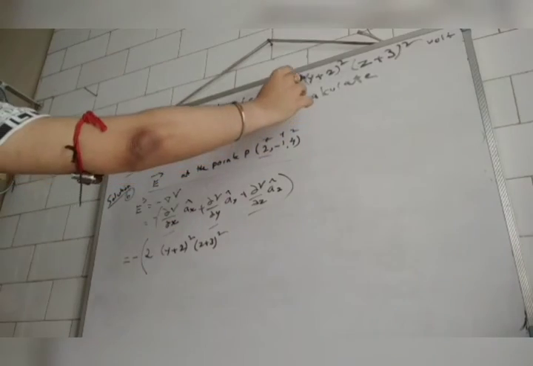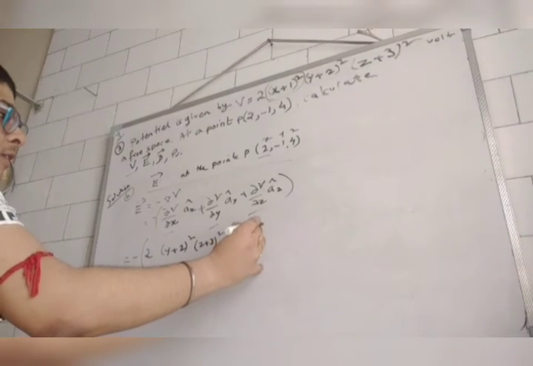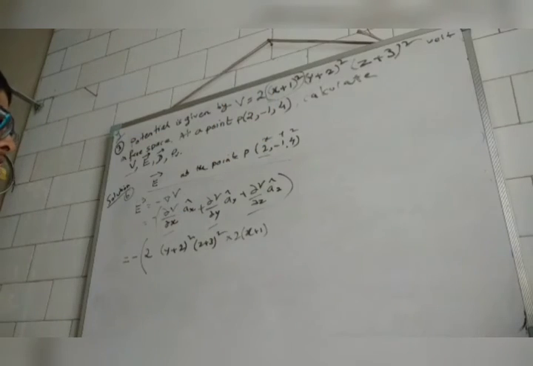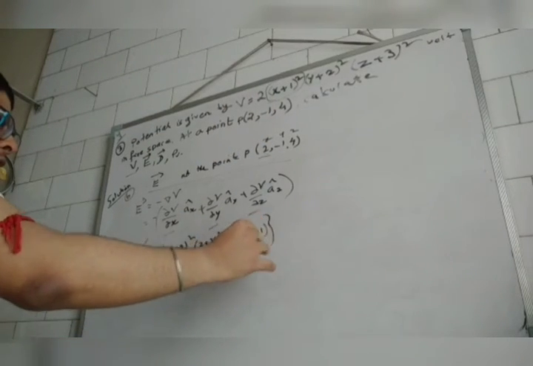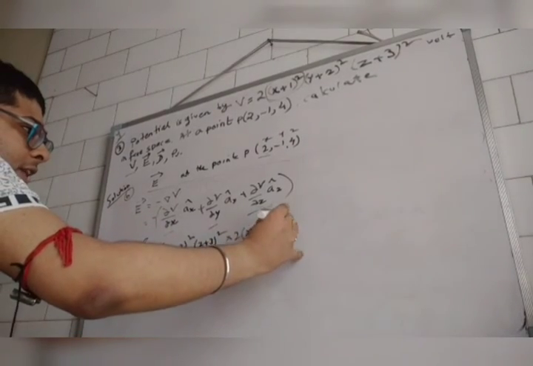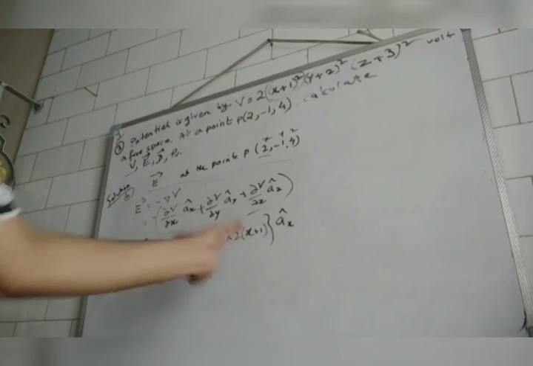And what will be the differentiation of this? It will basically be 2x plus 1. Okay, if you differentiate this, so this much will be for del v del x, and you have the unit vector. Okay. So basically we have minus 4 and this.